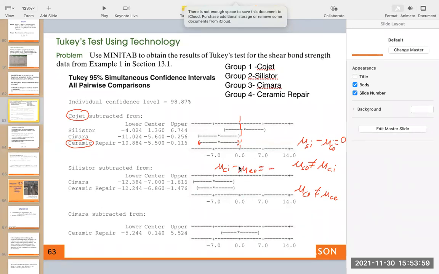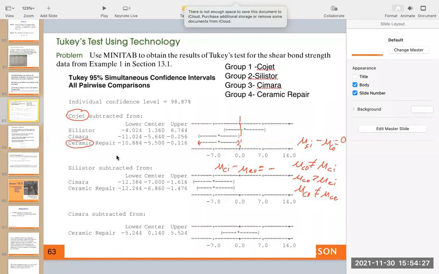So that means that Courgette is larger than Siramar. So we could even deduce that Courgette is larger than Siramar, because the differences they predicted would be negative when we did this calculation.